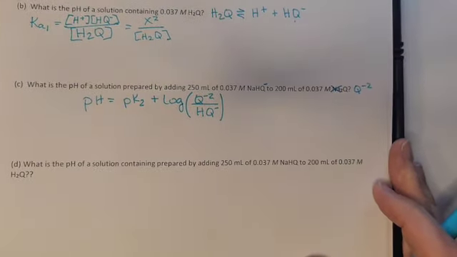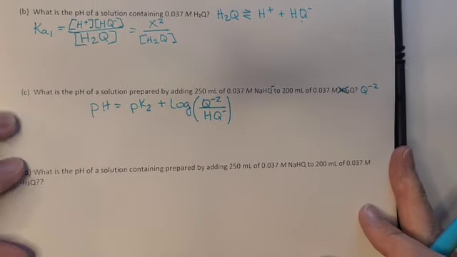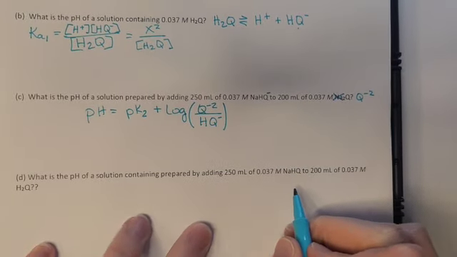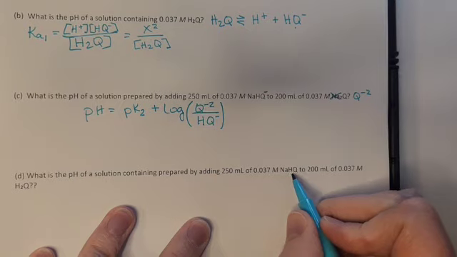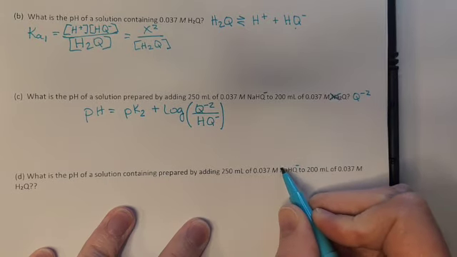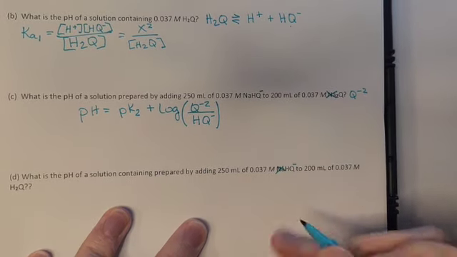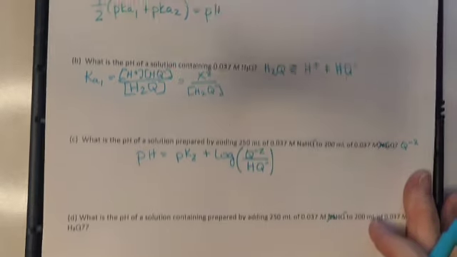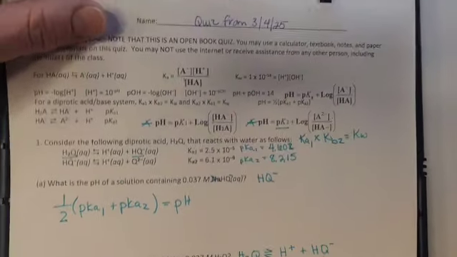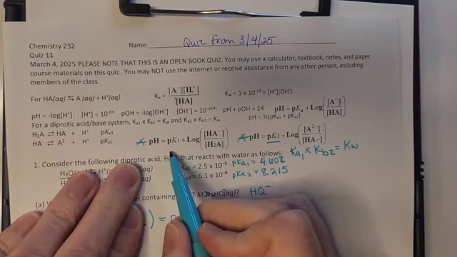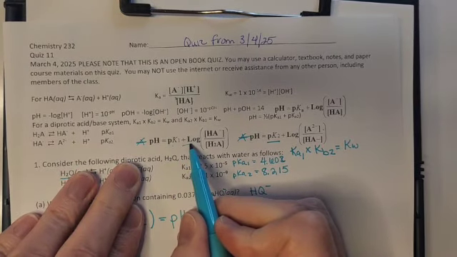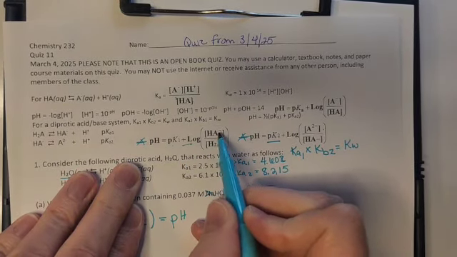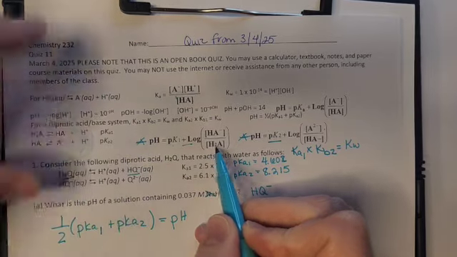Now, our last equation is another Henderson-Hasselbalch equation, so let's just go ahead and take a look at it. We have got HQ minus, remember sodium doesn't participate, and H2Q, okay? So this is going to be our pKa1 plus the log of HQ minus over H2Q.